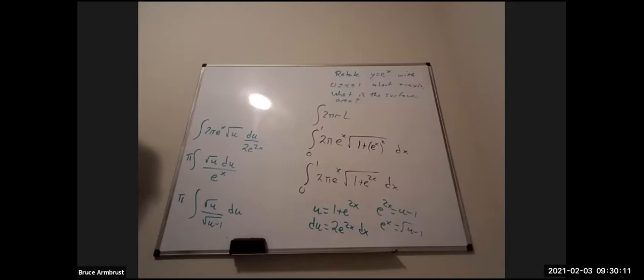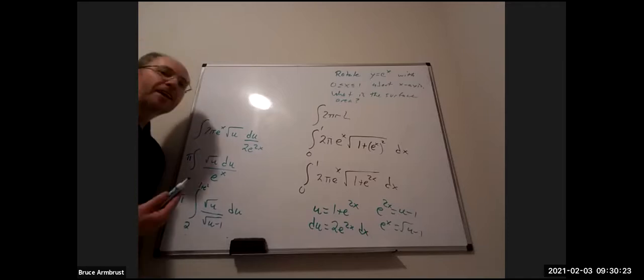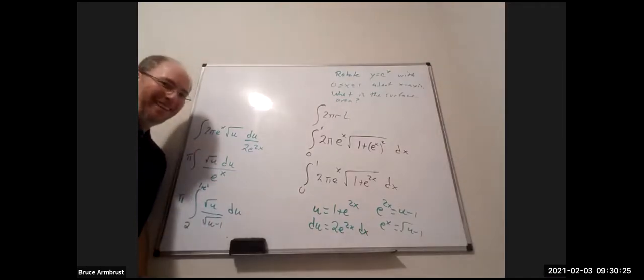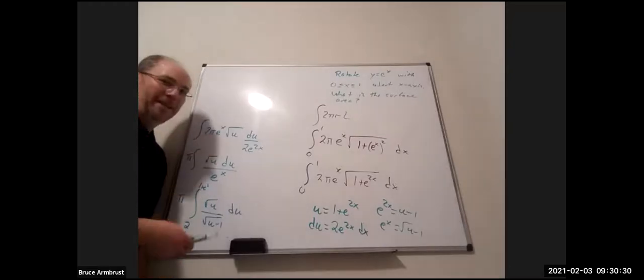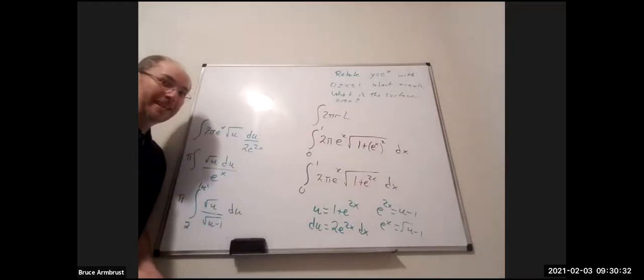And the bounds on this are going to be from 2 to 1 plus e squared. Oh, yeah. All right. Never mind. We're going to punt. This form is no better. I thought when I set it up, the e to the x's were going to cancel, and clearly they don't.